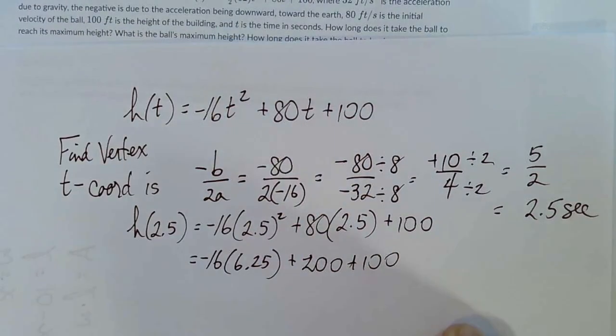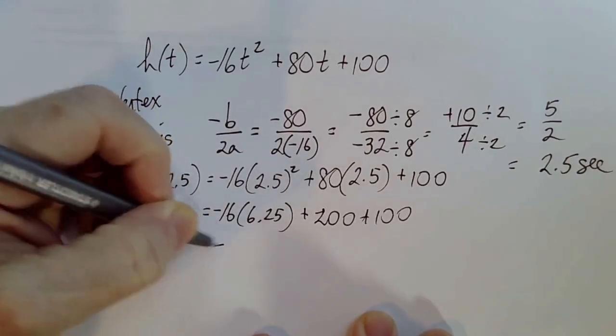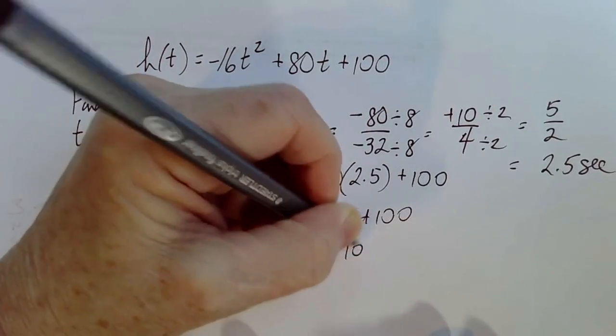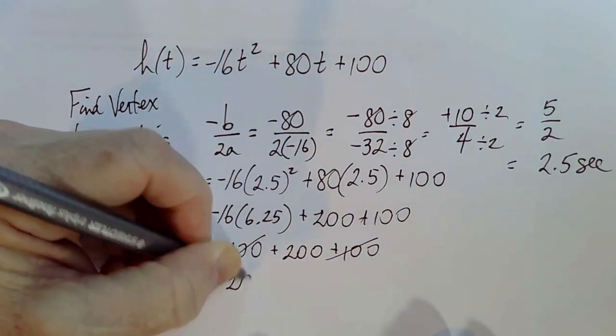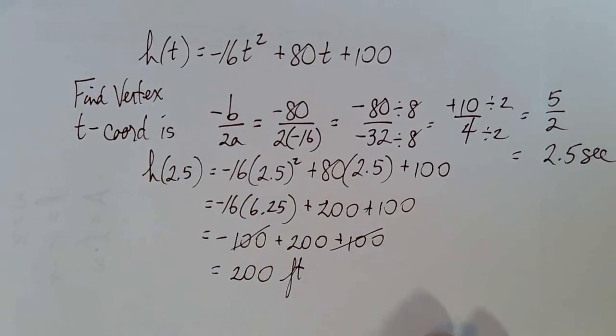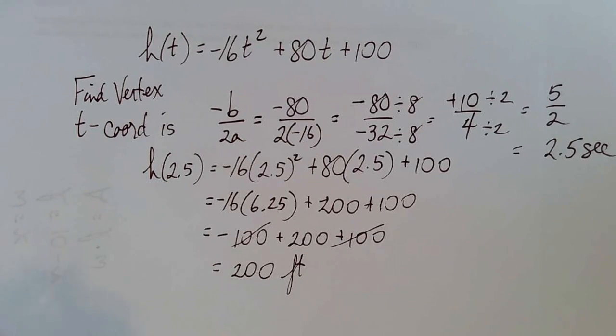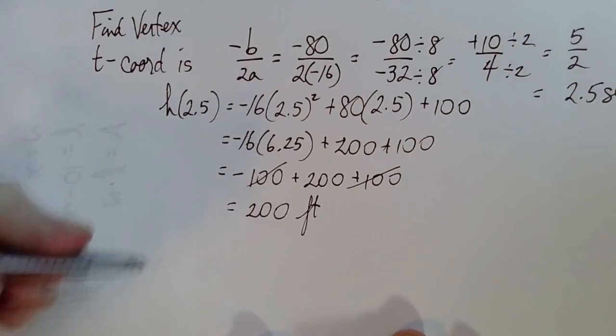That's 16 times 6.25. Oh, that's cool. It's also 100. So we've got -100 plus 200 plus 100. So 200 feet is the highest that the ball will be with respect to the ground. That's kind of an amazing thing.